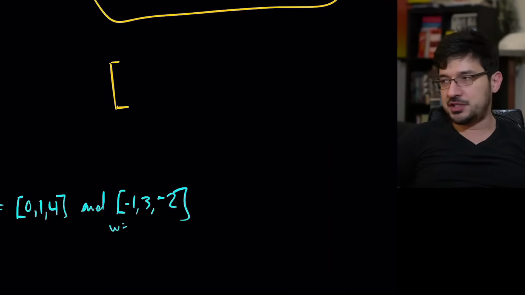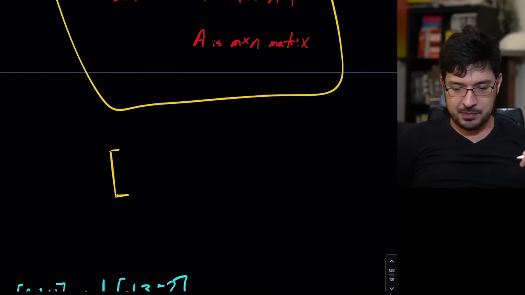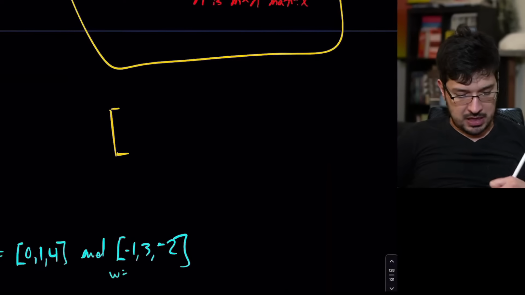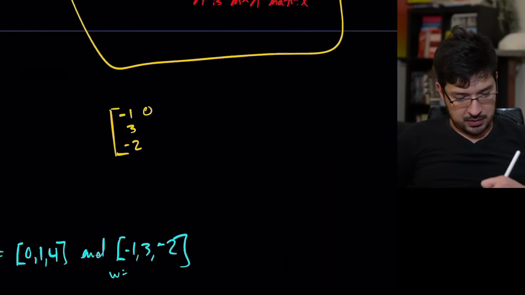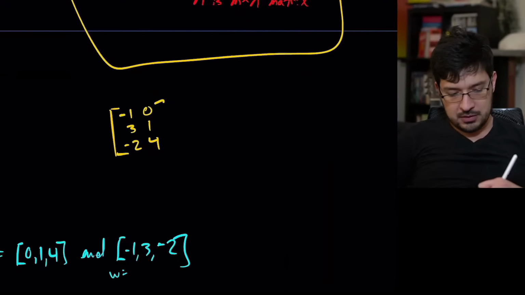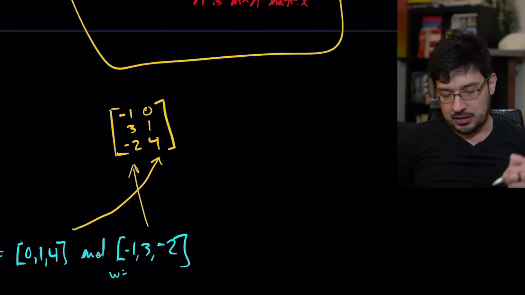We just worked a bunch of easier determinant problems, and now we're going to see some cooler things. This is really cool to me. I didn't know this one. -1, 3, -2, and 0, 1, 4. I wrote these as columns.